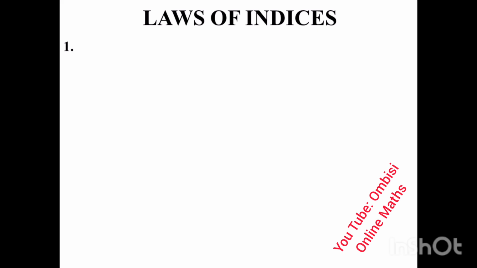Now, the first law is the law of summation of two powers. If you have a number a raised to the power m multiplied by another number a raised to the power of n, this translates to a raised to the power of m plus n. So this law is known as the sum of two powers, the summation of two powers.